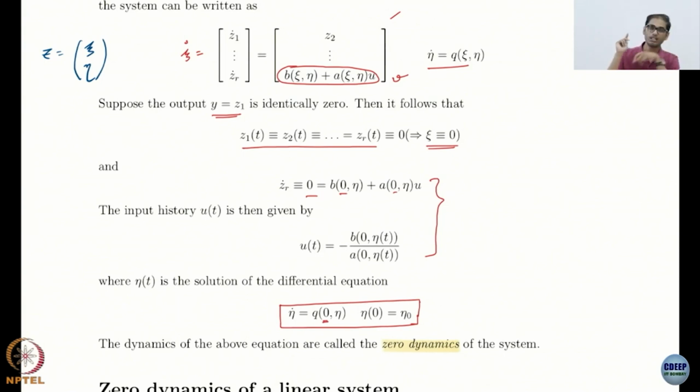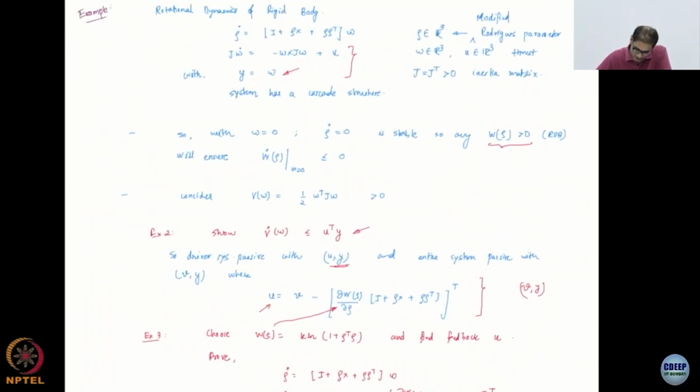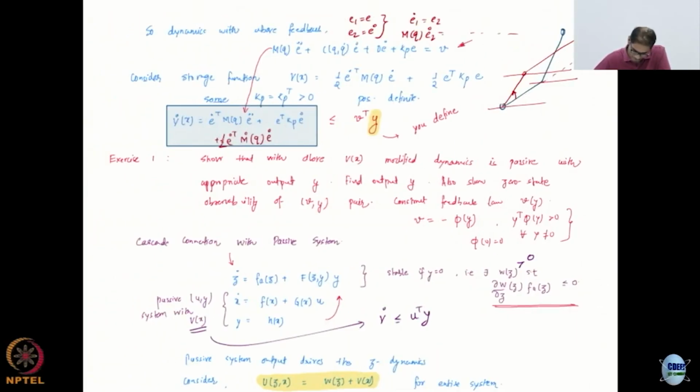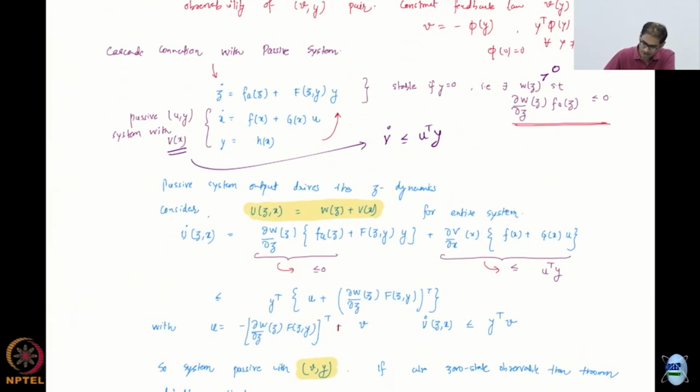So if you remember, even in the cascade case, what did we say? That we had a stable system with an additive term coming out of a passive system, which is the output of a passive system. We were putting a nonlinear stable system in cascade with it. Here you had a stable system, and in addition to it this y that was coming out of a passive system.